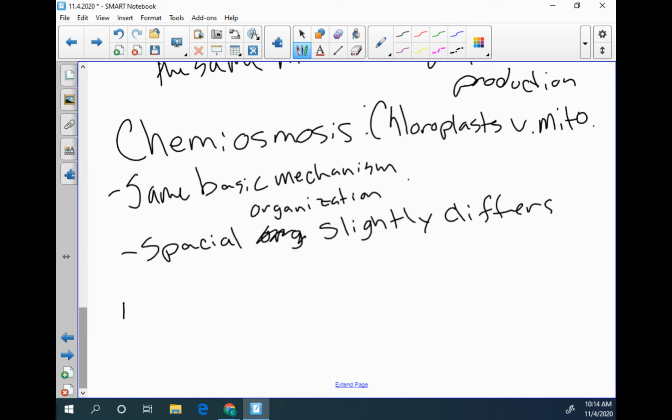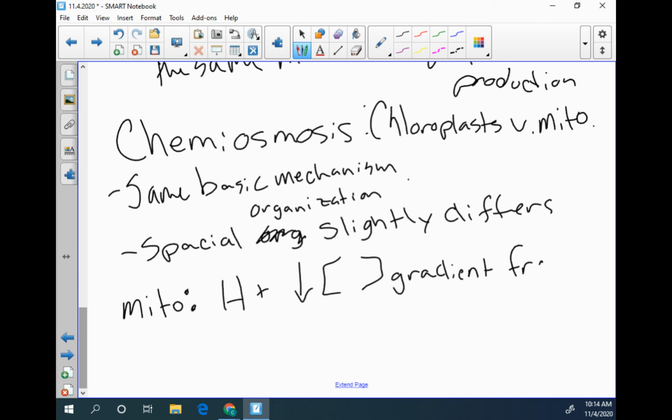In mitochondria, I've got symbols here, so let me know if I need to rewrite something. Hydrogen ions flow down their concentration gradient from the inner mitochondrial space, or inner mitochondrial matrix.